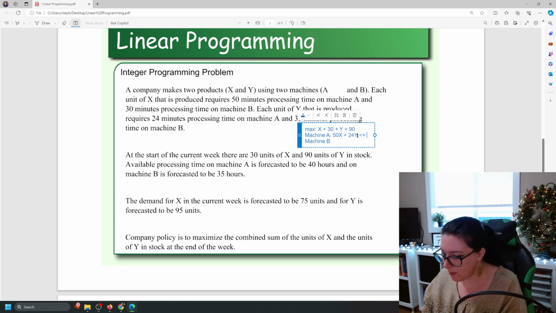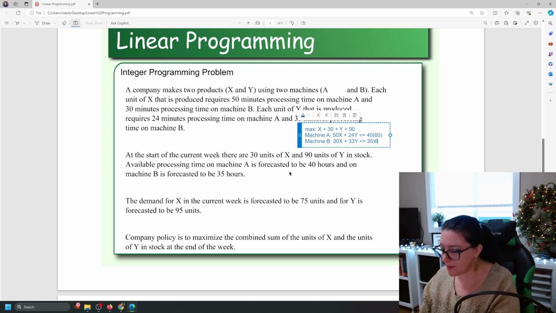So that means that we can't use more than 40 hours, and here we have to convert that into minutes. Machine B, it takes 30 minutes for X, it takes 33 minutes for Y, and it must be less than or equal to 35 hours available times 60.